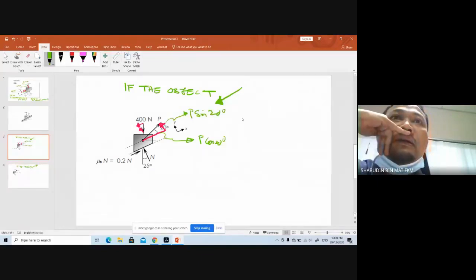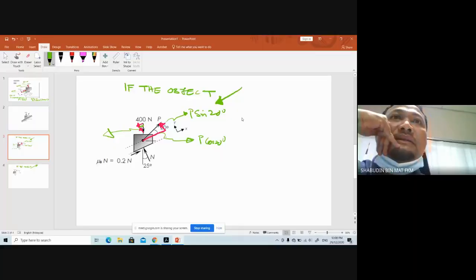That one here is 25. That means here is here, so that's perpendicular to here. So there is a component of P.